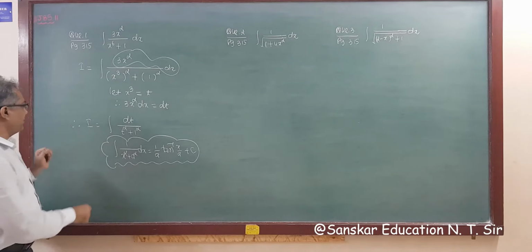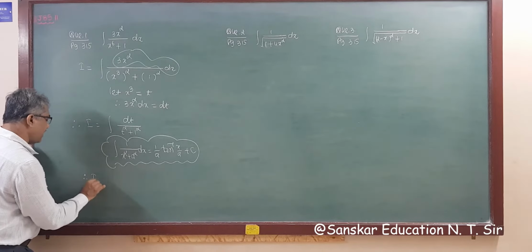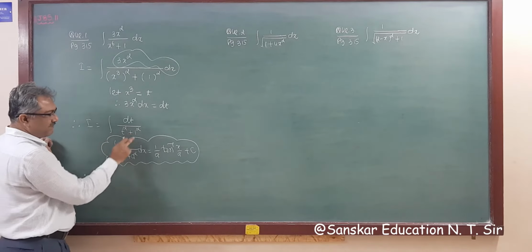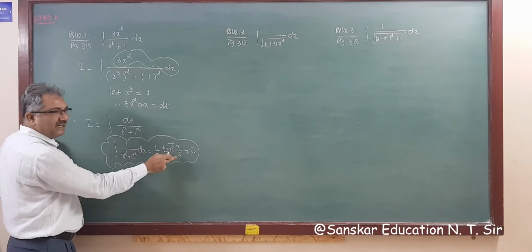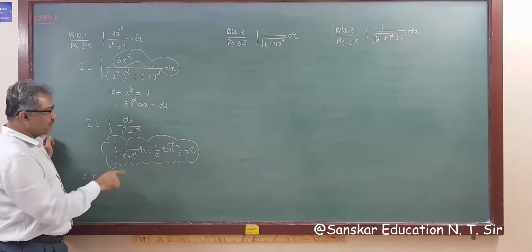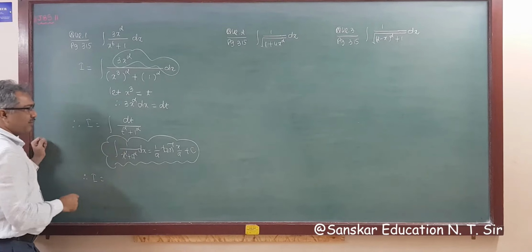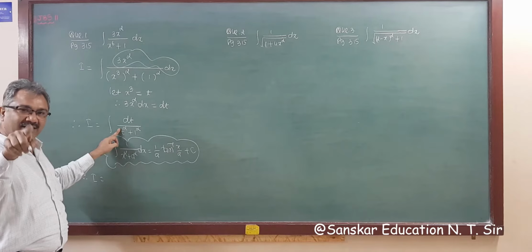So applying this formula, we will get I is equal to 1 upon x square plus a square. A is 1 here, so simply if we substitute a equal to 1, then this is the formula of tan inverse x, that you know. So here is t, so we have to write tan inverse t directly here, right? Because derivative of the tan inverse t with respect to t is 1 upon t square plus 1.